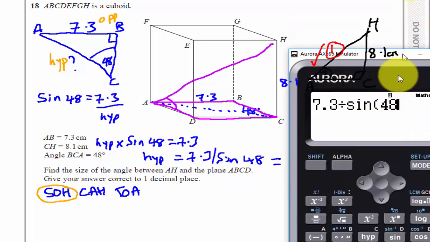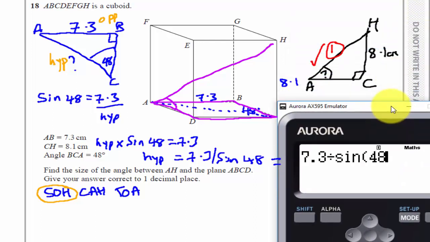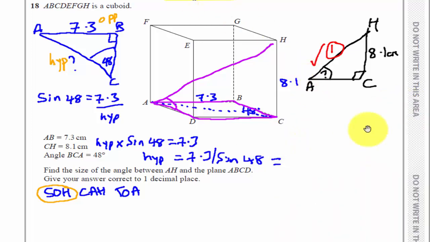Just move it so we can see it a little bit clearer. And that's 9.823. So I think I'll go to 9.82. The final answer has to be to one decimal place, so I'm just going to go more than that whilst I'm in my workings. Getting to 9.82 gets you the second mark.